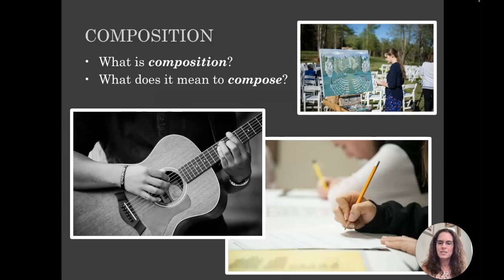And for writers, it's composing the words on the paper that create the story or the poem or whatever piece they're writing. So it's all about creating. When we think about photography composition, we're thinking about how we create the images, how they look the way that we want them to look. So ultimately, composition is about creating. That is why photography is such a creative art.